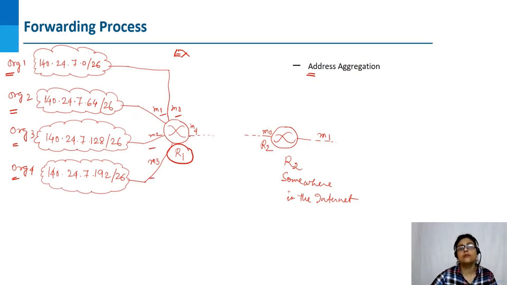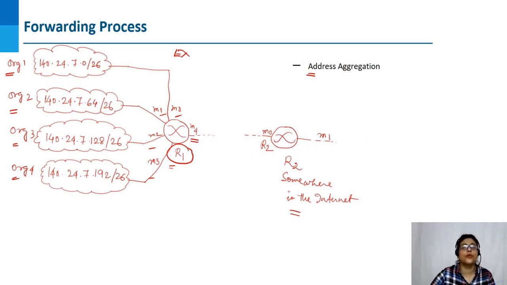And this router R1 has another interface M4 through which it gets connected to the router R2, which is somewhere in the internet at a far off place from router R1. This router R2 again has 2 interfaces: with M0 it can get connected to router R1, and with M1 it can get connected to other networks.